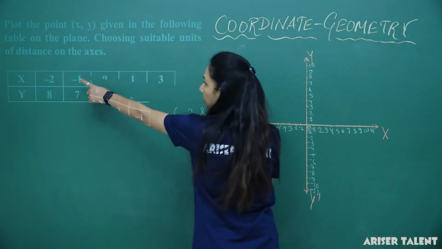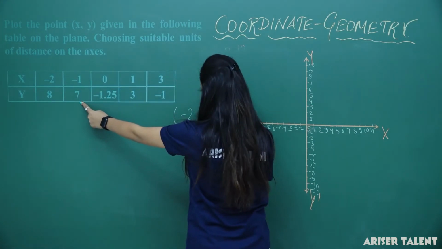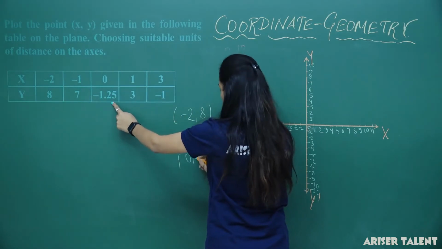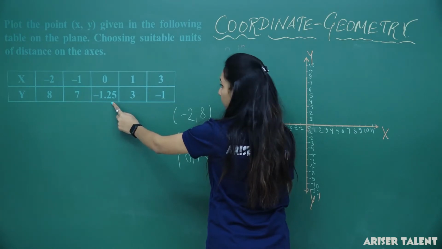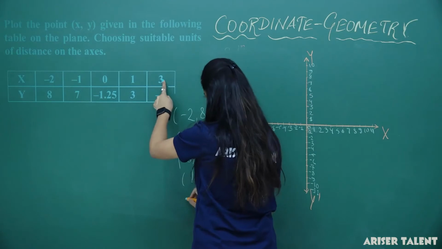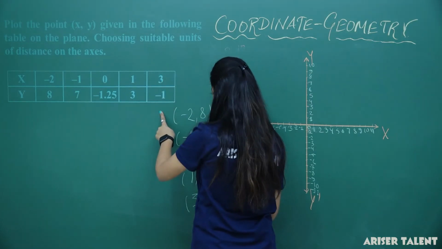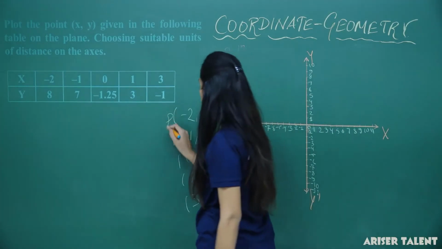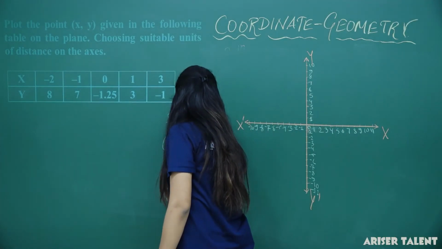Second is -1 on the x axis and 7 on the y axis. Then 0 on the x axis and -1.25 on the y axis. Now 1 on the x axis, 3 on the y axis, 3 on the x axis and -1 on the y axis. Okay, starting from this point, let us name them P, Q, R, S, T.